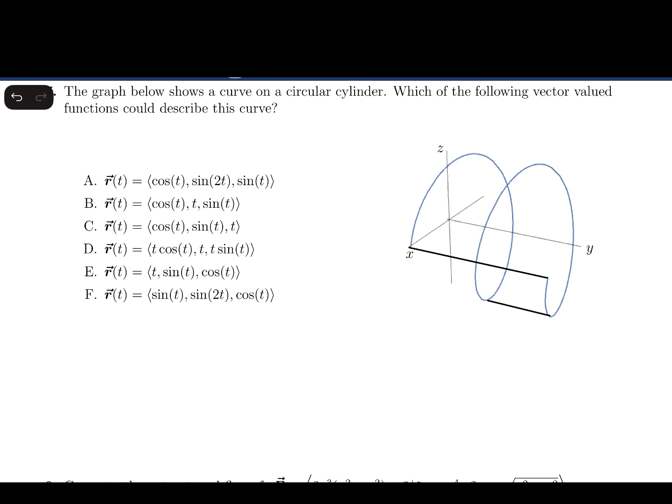So just knowing this, we can actually check off a few answers. I think this question relies very well on just knowing that the shape should be a cosine t, t, sine of t variation.